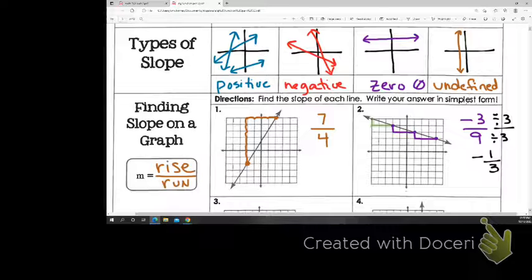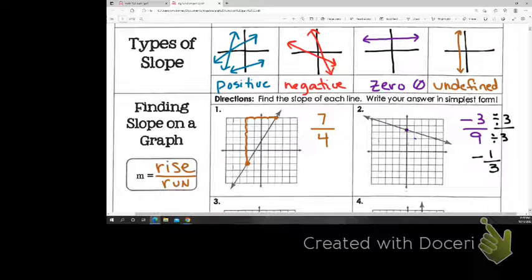So if you are trying to find the slope and there are not dots on the paper, then you are wanting to count between two perfect corners. We can't try to use some point in between, because I don't know exactly what that point would be. I can't use this point because it's not on a perfect corner.